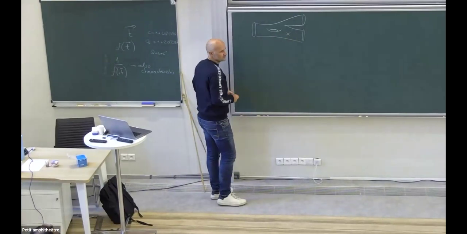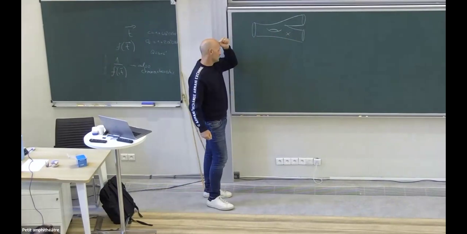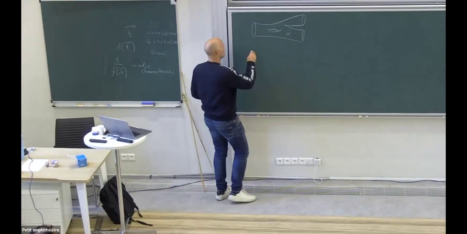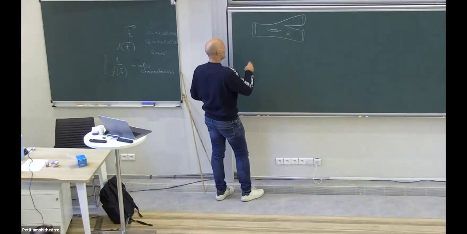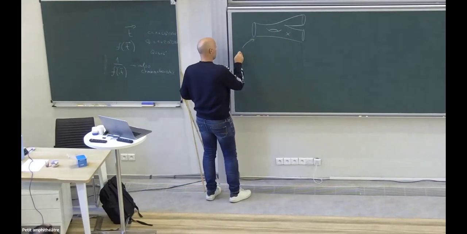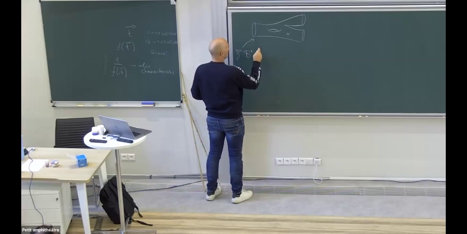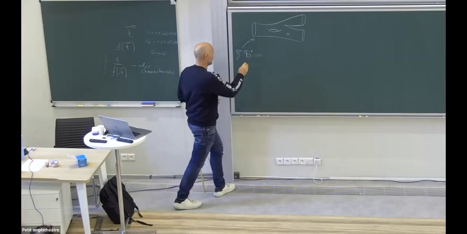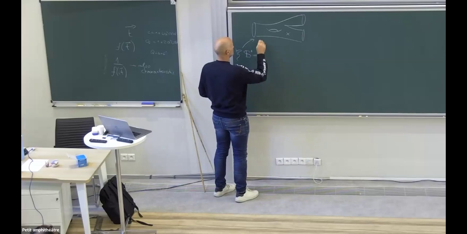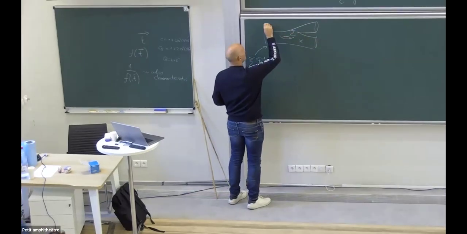Each boundary component has an analytic boundary, and each boundary is parameterized by a map, which I will call psi, that goes from the circle to this boundary component. So this is sigma, let's call it.